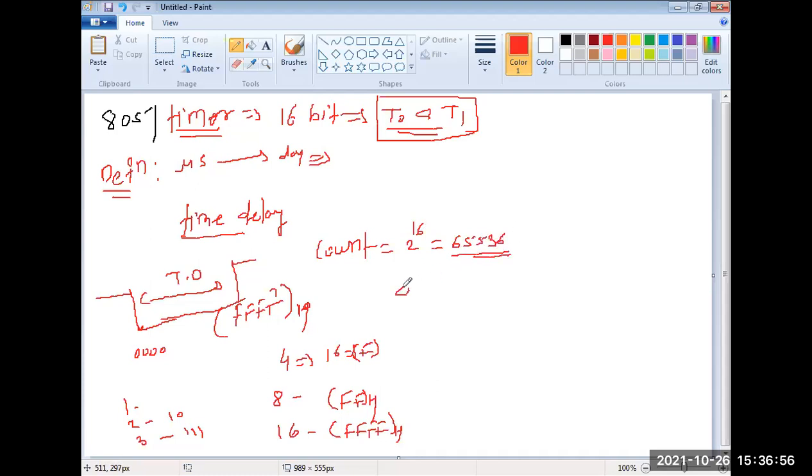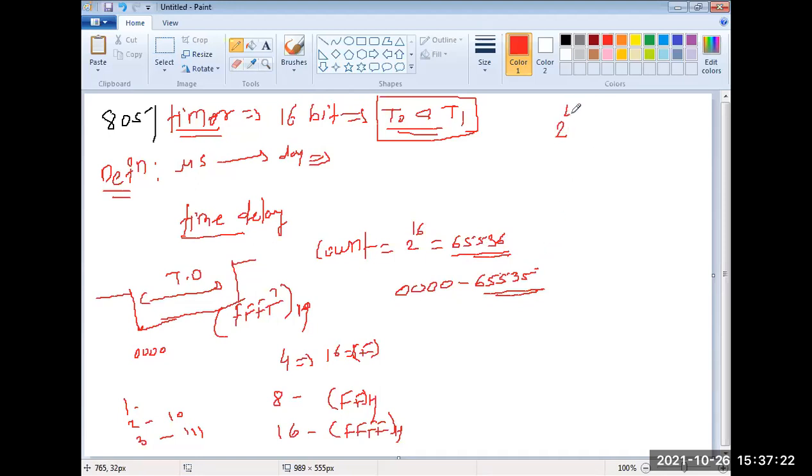It counts from 0. I'm taking the 16-bit value as 65,535. The actual count is 65,536 because I'm counting from 0. That's why 0 to 65,535 I'm taking here. Clear?